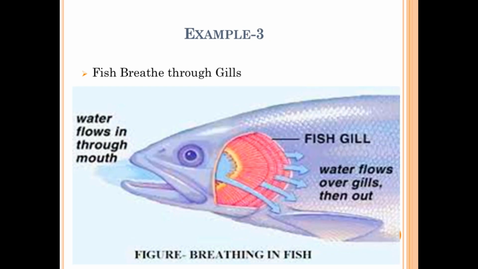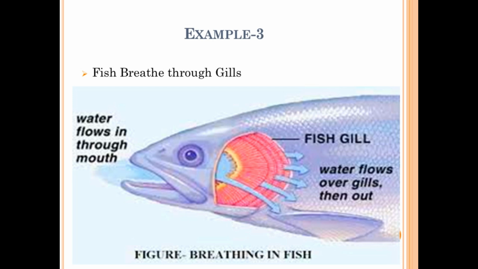Third example is about the fish. Fish breathe through their gills. Actually, water has oxygen. Water flows through the mouth. It enters through the mouth in the fish, and water flows over the gills, then runs out.